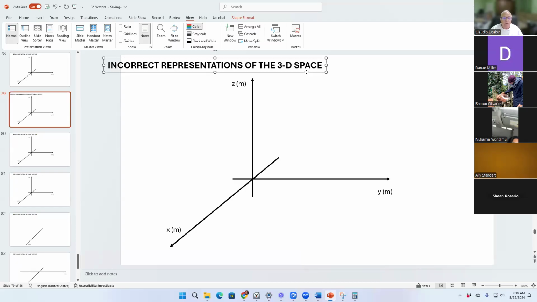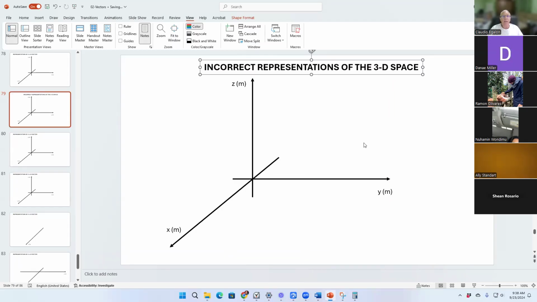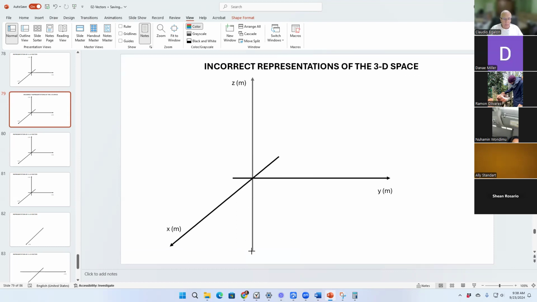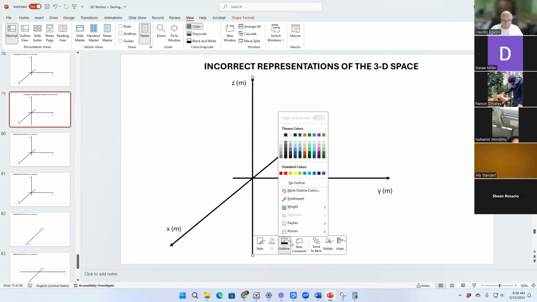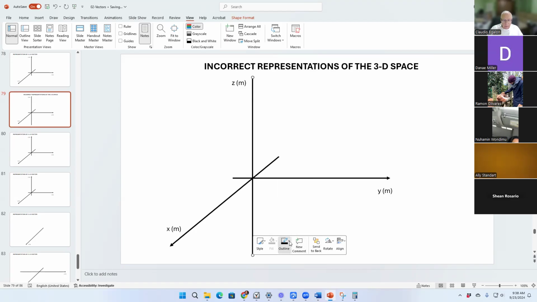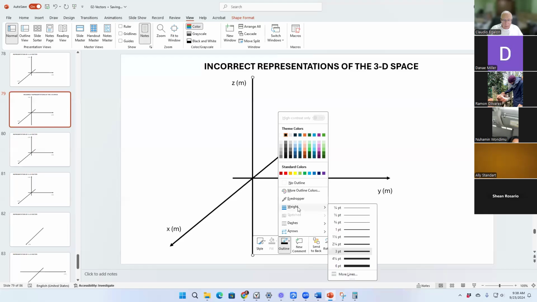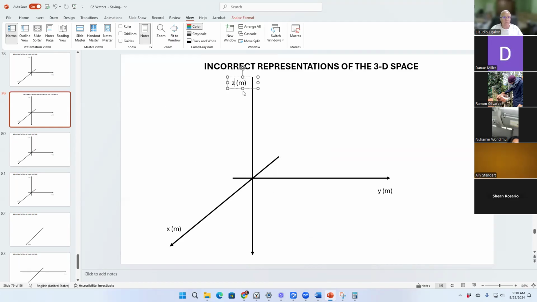That would be the most challenging thing: incorrect representation of the 3D space. If you do something like that, that would be an incorrect representation of the 3D space.